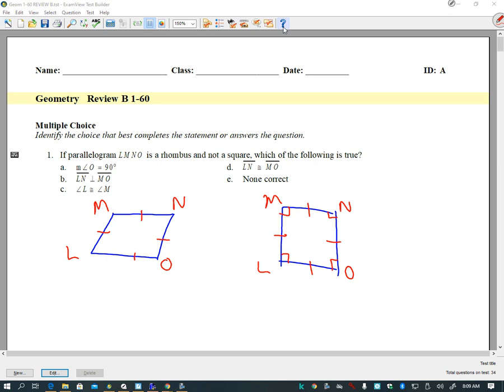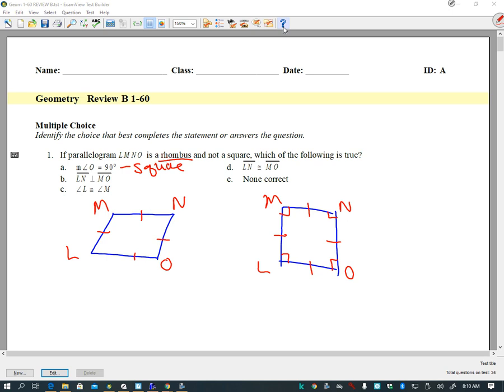All right, so let's look at this. This says measure angle O is 90 degrees. Does that make it a rhombus? What does that make it? That's a property of a square. We want a rhombus. This says that LN is perpendicular to MO. Is that true of rhombuses?